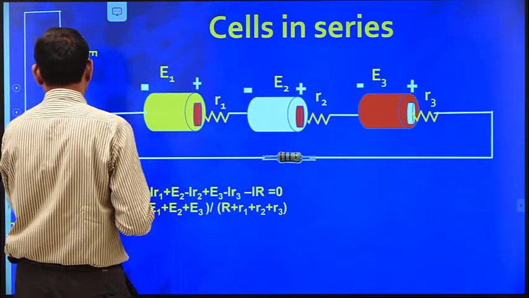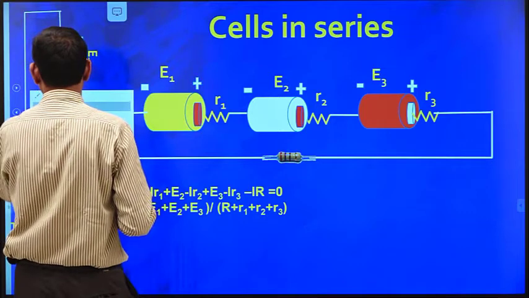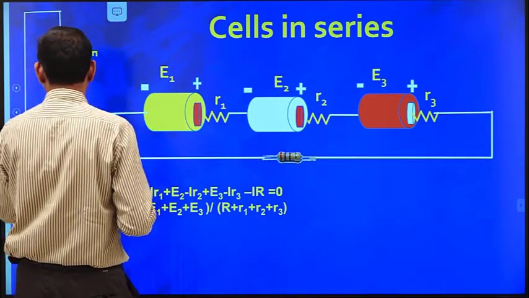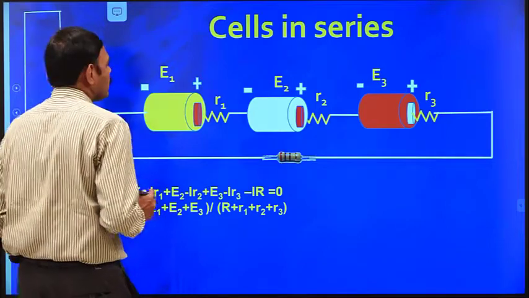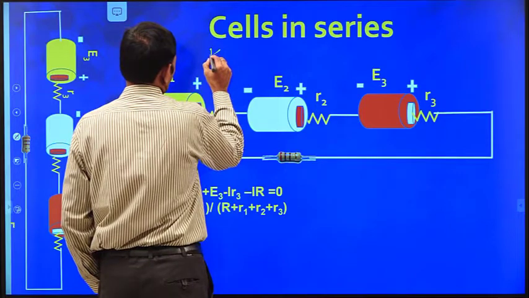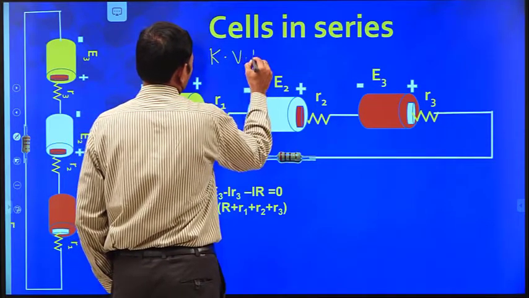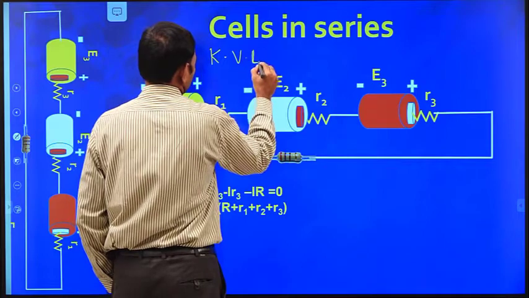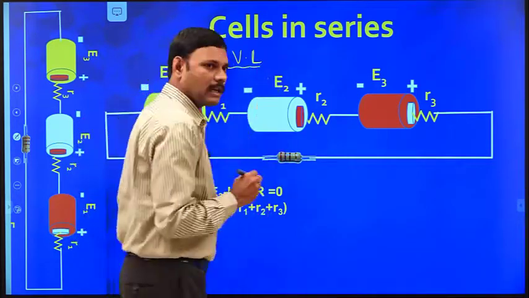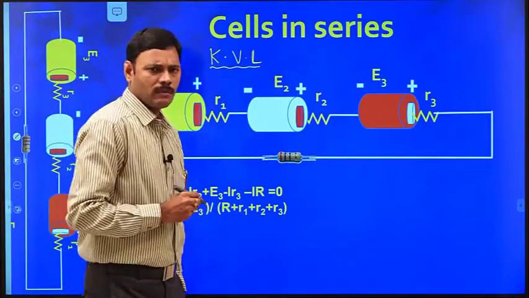Here, one basic law is Kirchhoff's voltage rule, voltage law. Students, this is the important point. Kirchhoff's voltage law. This is Kirchhoff's second law. You might have studied Kirchhoff's laws in your 10th standard.